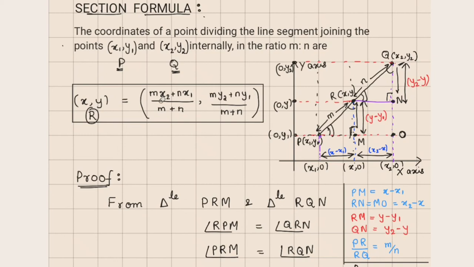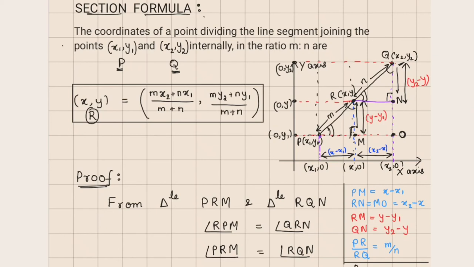Here x2, x1, m and n are known, y1 and y2 are also known. So we get a point R which divides P and Q internally in a ratio of m:n. Let's see how we got this.